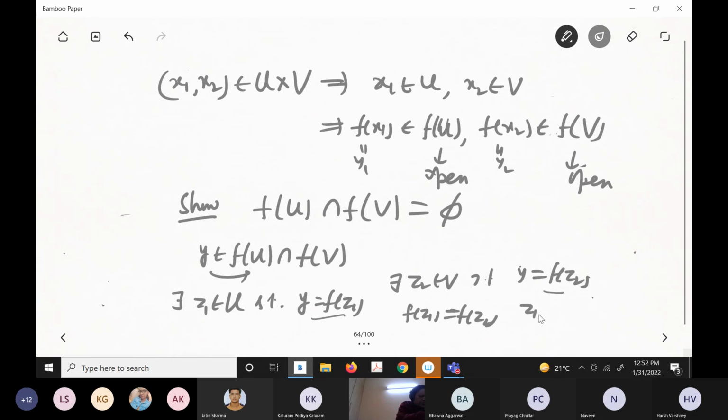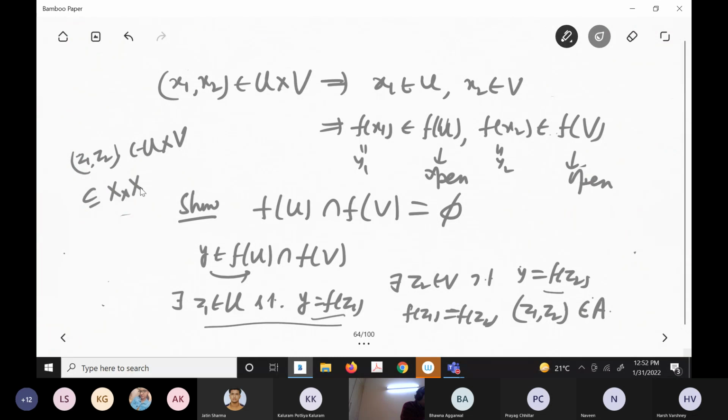That means (z1, z2) belongs to A. But how did z1, z2 come? Look, remember that (z1, z2) belongs to U cross V, which is contained in this. That means this is outside this A, and here you are getting inside this. So you are getting a contradiction. Okay, right? Fine.